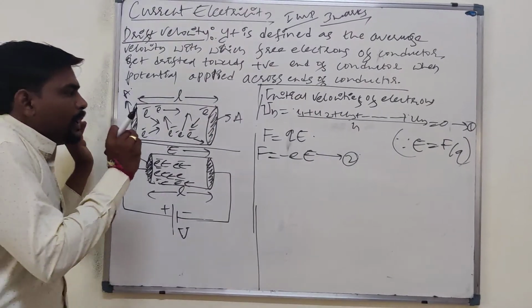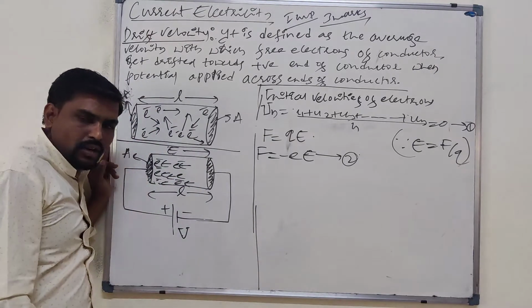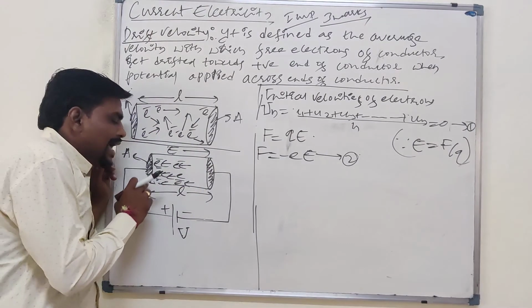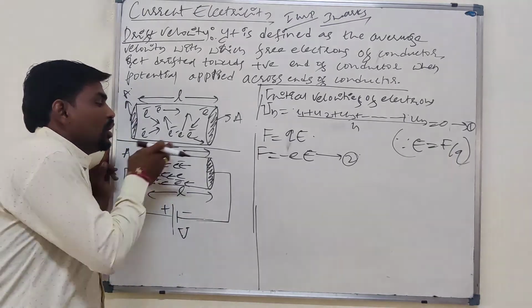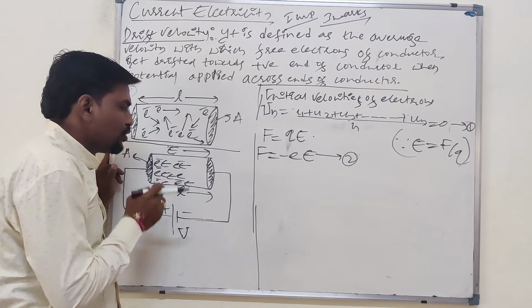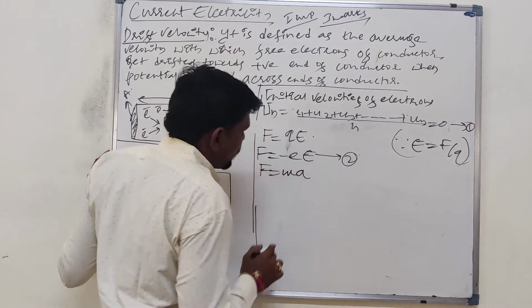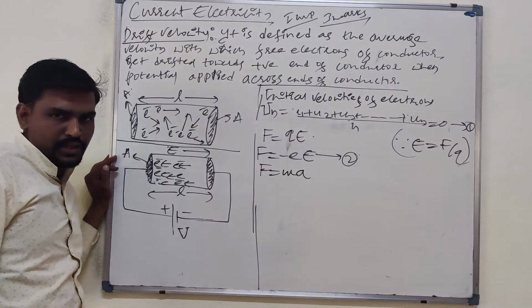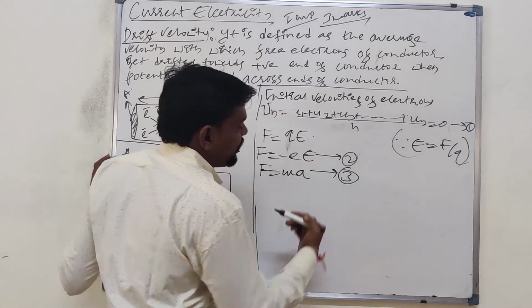Now see here, the electron has mass and it experiences a force, so it is going to be accelerated. So another expression for the force of this electron is force equal to mass into acceleration. This is equation number 3.